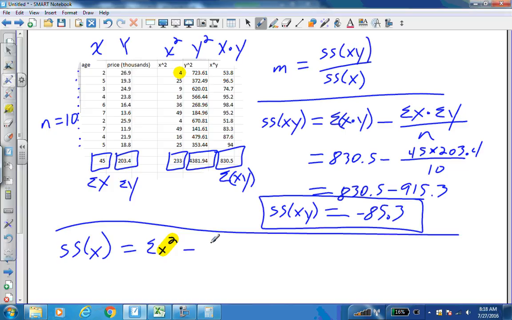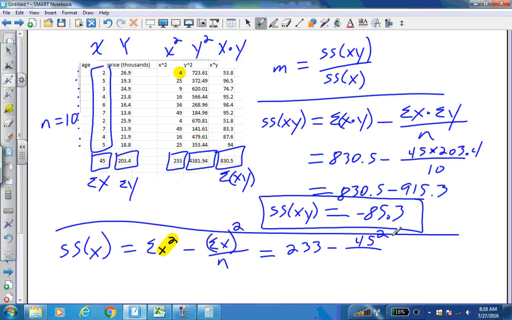Then we subtract the sum of the x's, which is what we get when we add up the x values. That number gets squared and divided by the number of data points. When we square our x's and add those up, we get 233. When we add up our x's, that's 45.